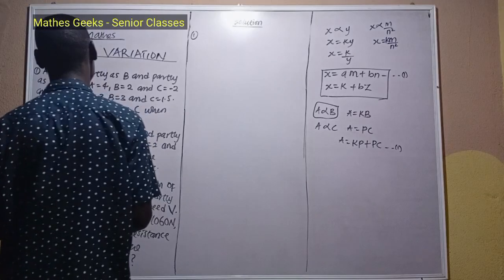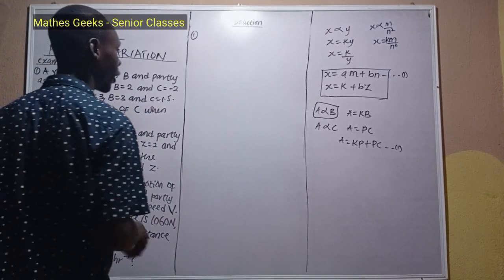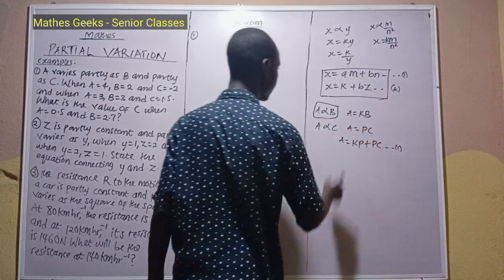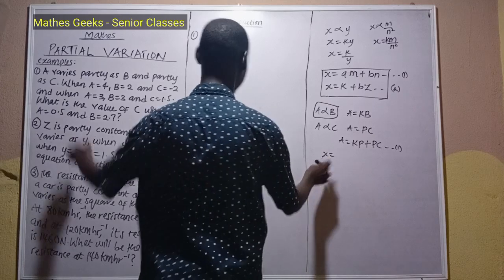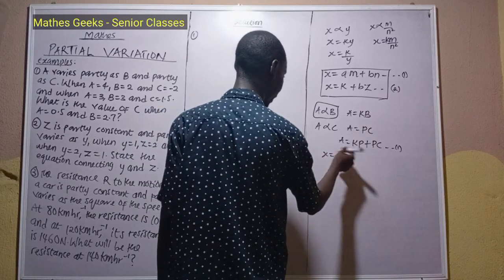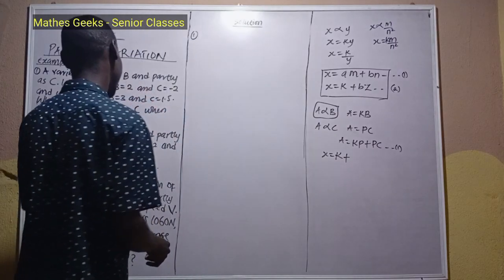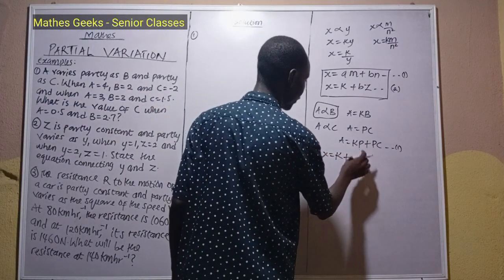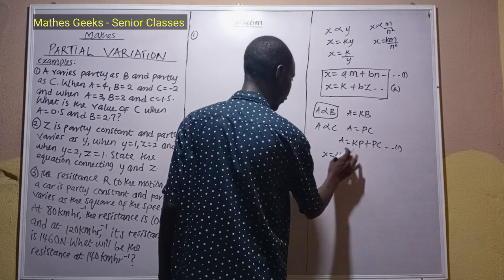But if it tells you that a quantity is partly constant and partly varies as y, it will end up in this form, which is equation 2. Where I say x is partly, I'm using x in this case, but here it is z. So if you say x is partly constant, so k plus, and then it will go on to tell you that and partly varies as y. For this partly varies, you have introduced a constant which should be different from this constant.